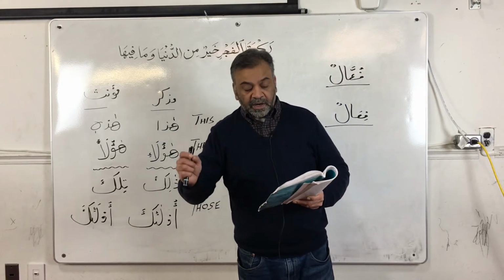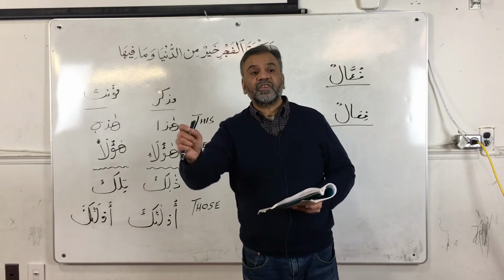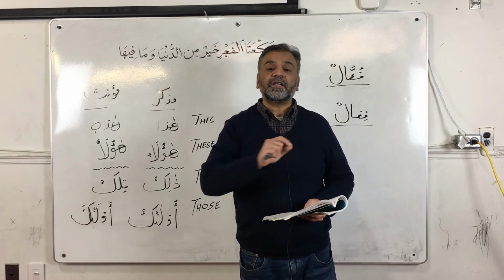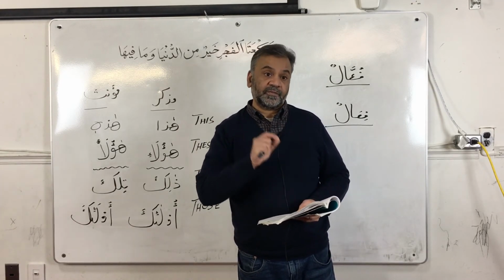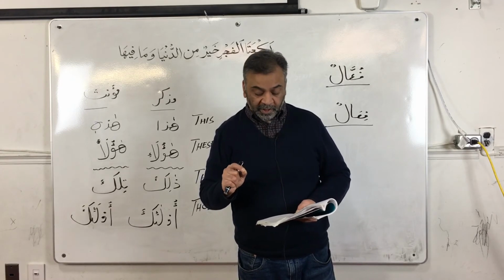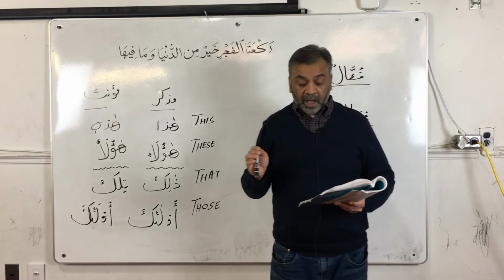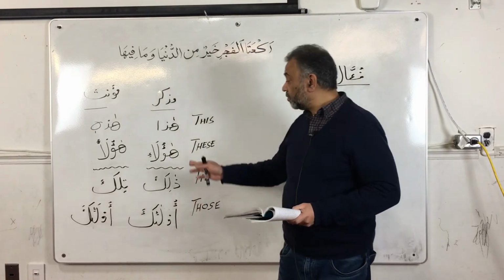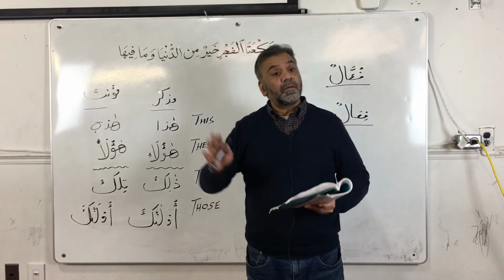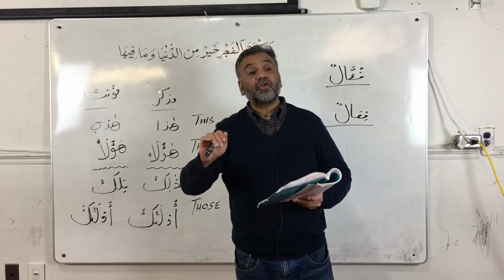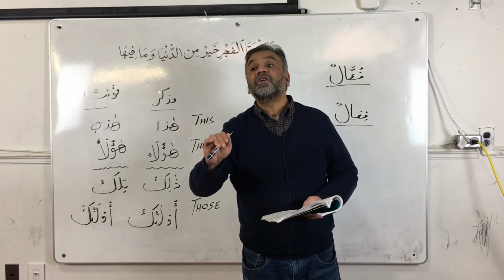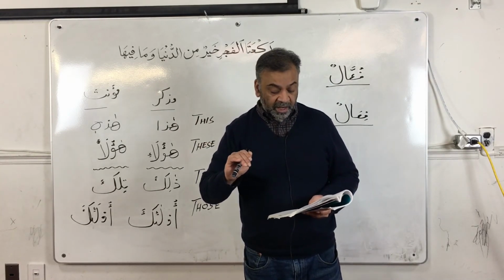Example, man hazar rajalu, who is this man? Huwa hajjun, he is a pilgrim. Now, convert that into a plural form. Haza will convert into haulai, man haulai. Rajulun will convert into rijalun, right.